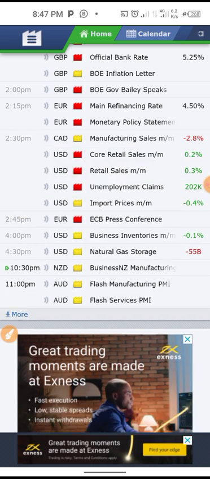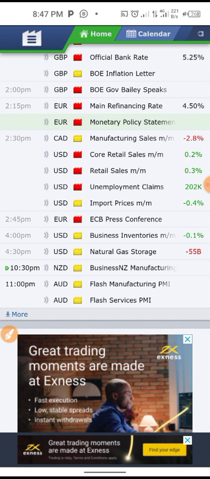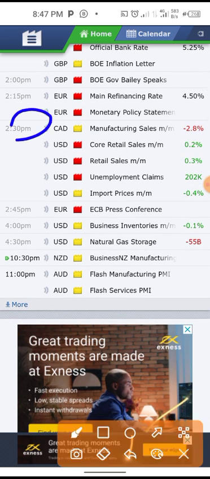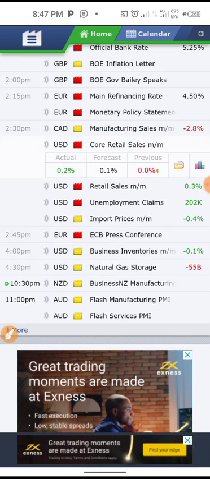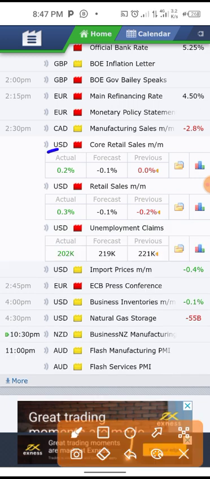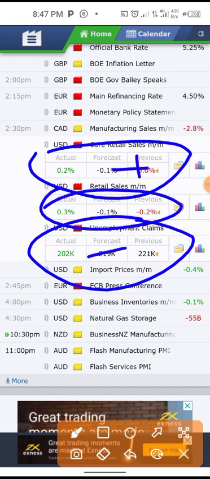remember that at this particular time, 2:30 when the news came out, we have about three different news on US dollar. Among the three US dollar news, this was positive, this was positive, this was negative, positive, and this is positive.